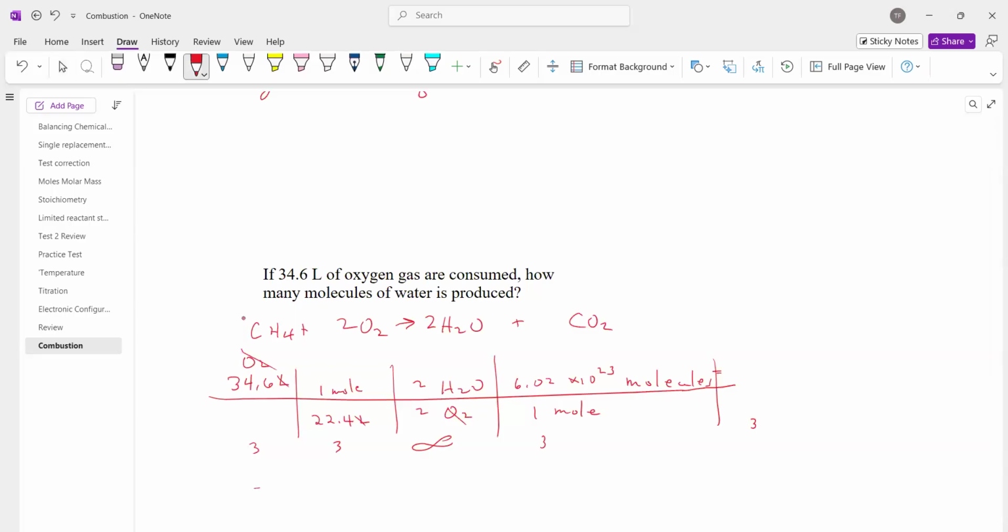So we're going from given moles. Same 3 steps.